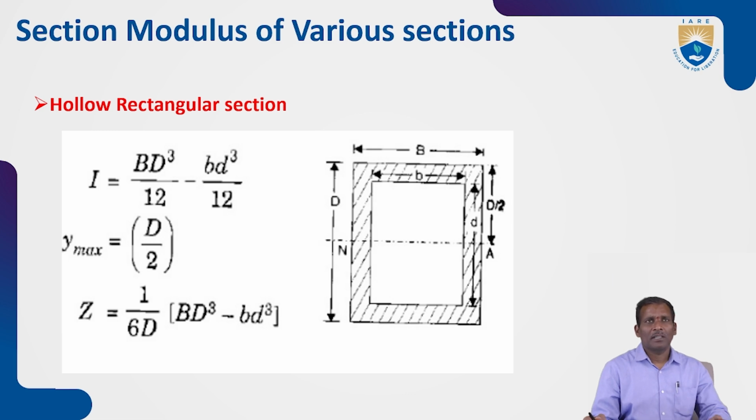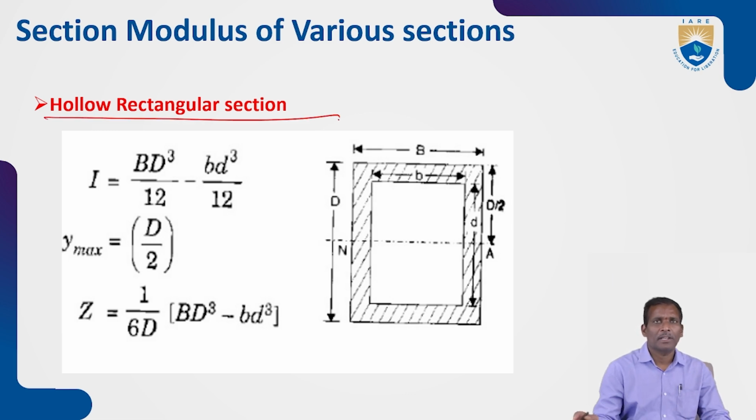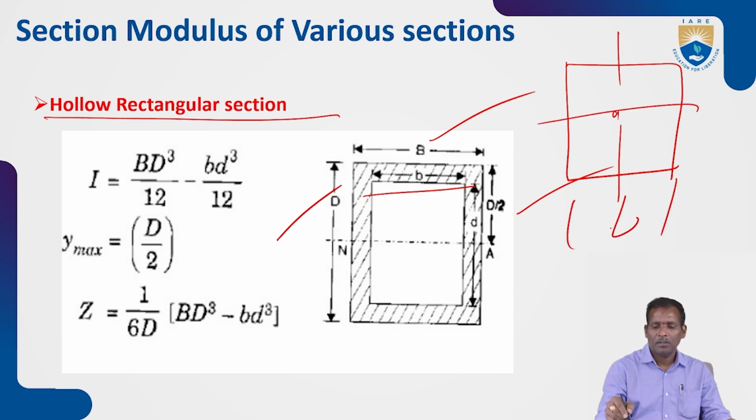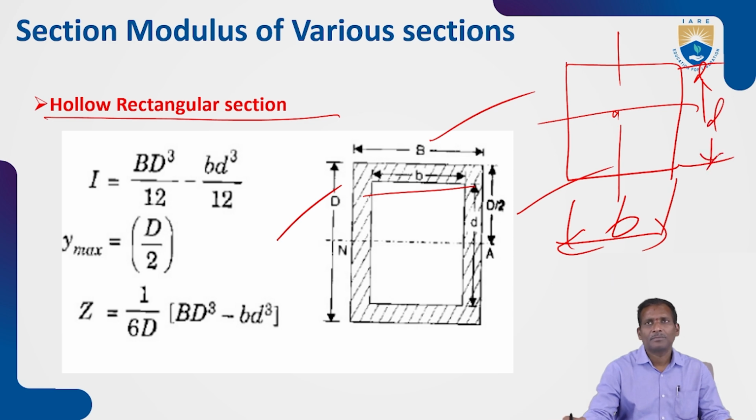Similarly, take another section, the hollow rectangular section, with outer width B and depth D, and inner width small b. The previous rectangular section had no hollow, only one width and depth, but the hollow rectangular section also has inside dimensions, width b and small d.